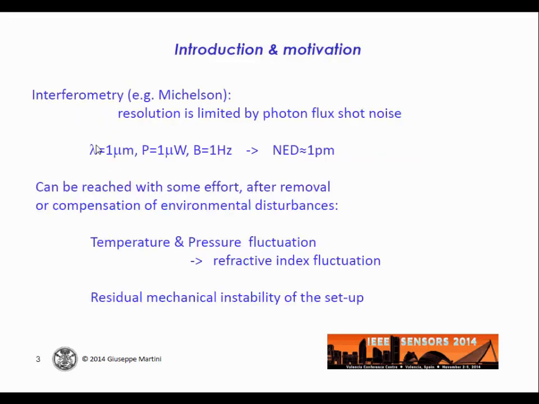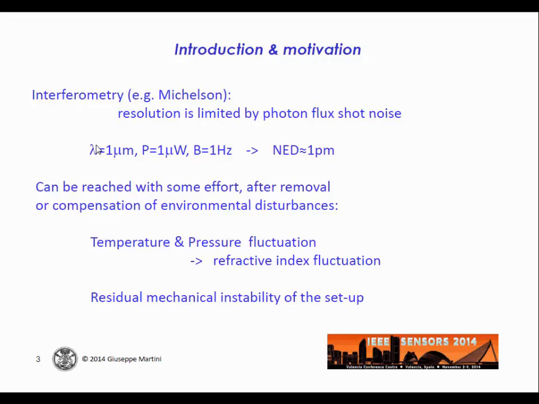Okay, in interferometry, for example, in Michelson configuration, resolution is limited by photon fluctuation noise, and a very good noise equivalent displacement of less than 1 picometer can be achieved with reasonable power levels.